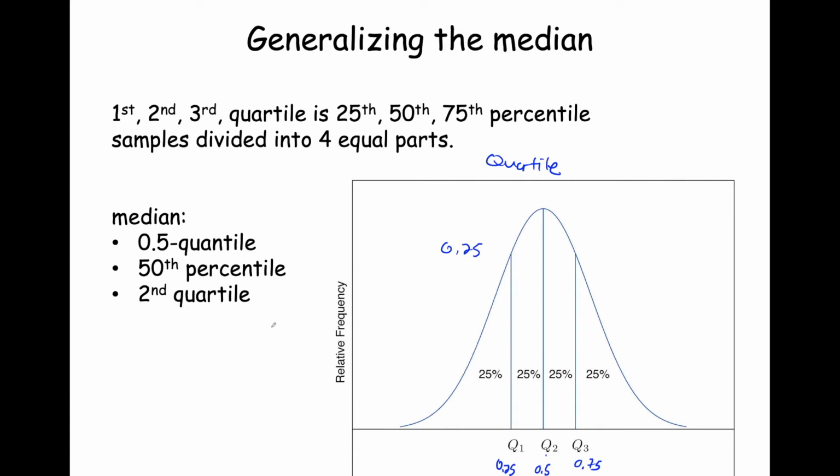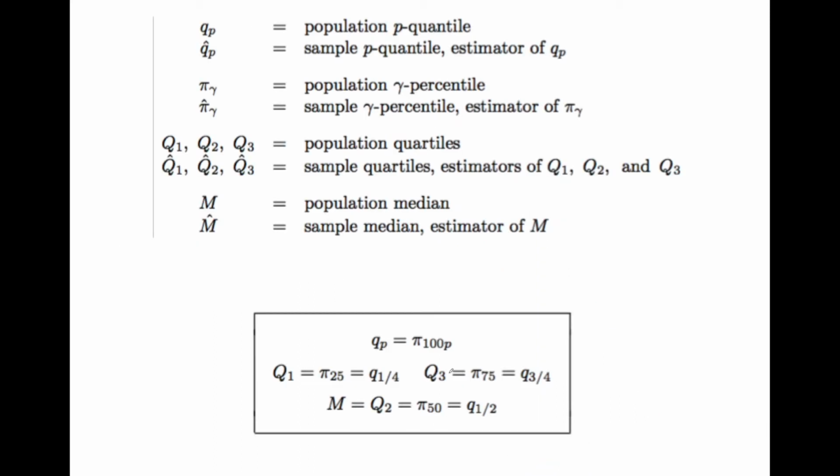We could call it the 50th percentile, so as a proportion or as a percentage, or we call it the second quartile, Q2. So there are many different ways we can call out or describe the same statistic as far as its positioning relative to all the values we might obtain from a distribution.